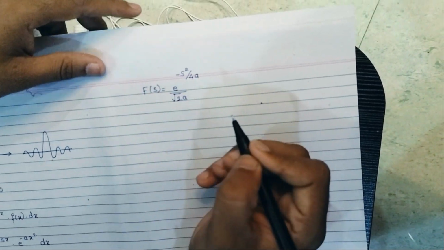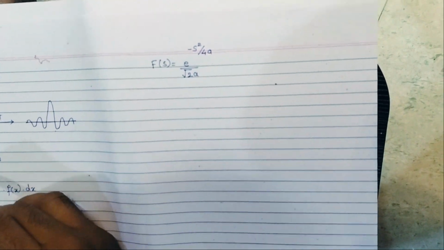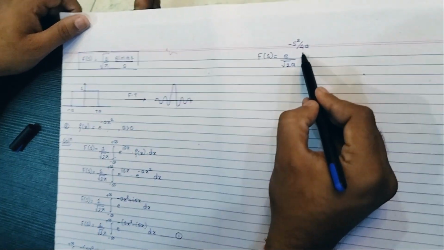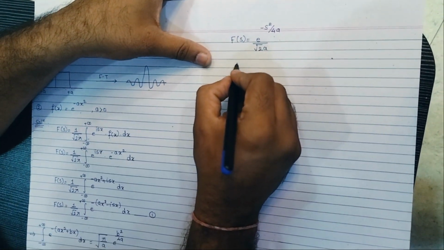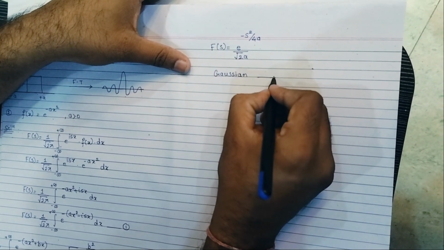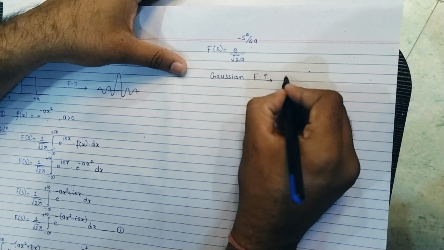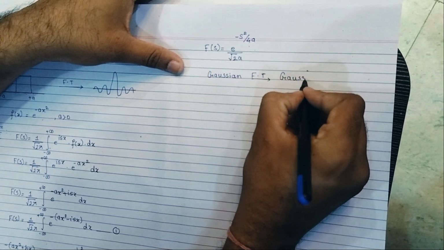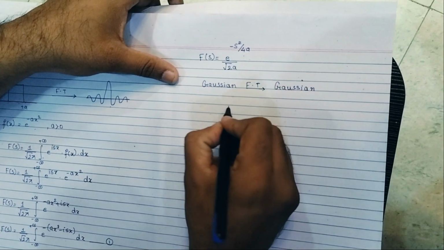So from this it is clear that the Gaussian function remains a Gaussian. That is, if you take a Gaussian function and do the Fourier transformation, it remains a Gaussian function. So that is it for this lecture.